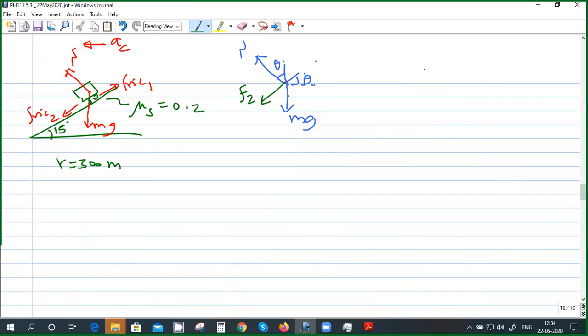Okay, so again, N cos theta is mg, and then in the horizontal direction, the inward force is F2 cos theta plus N sin theta equal to m v square by r.